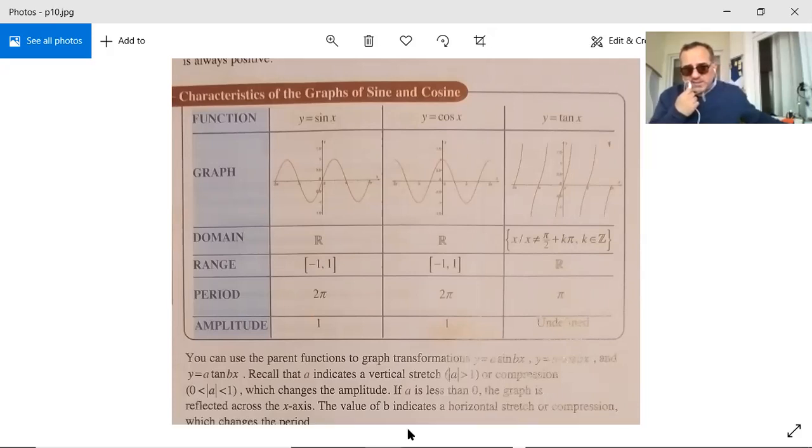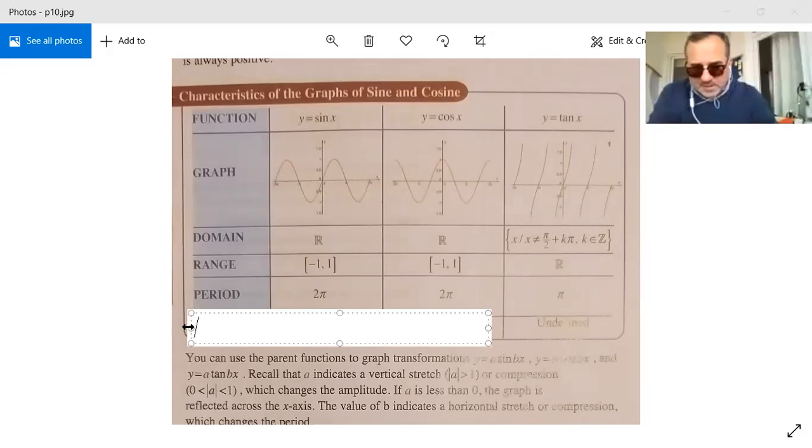And also I need this one: sine x equal to 0, then x equal to n pi. Very good, the correct answer is n pi.